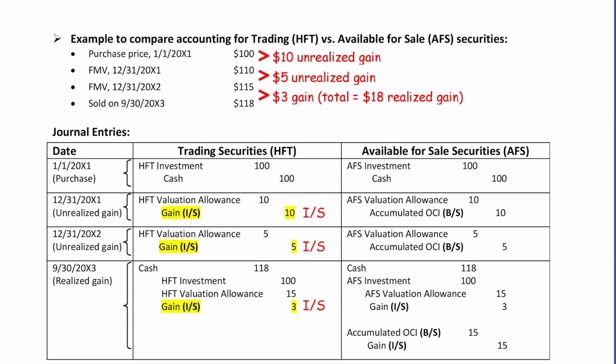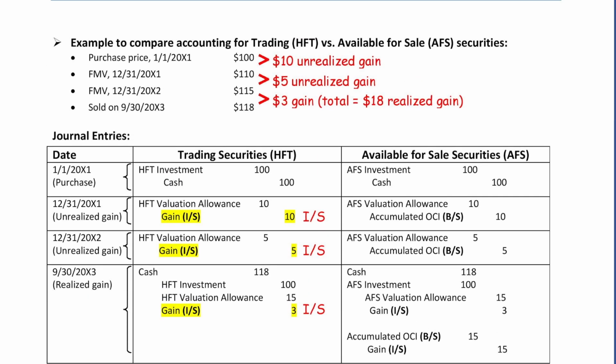So let's go up on the table for journal entries. On 1st Jan year 1, when the available for sale debt security is purchased, debit is to the investment account, credit cash. On 31st December year 1, the $10 unrealized gain on available for sale debt security does not go into the income statement.